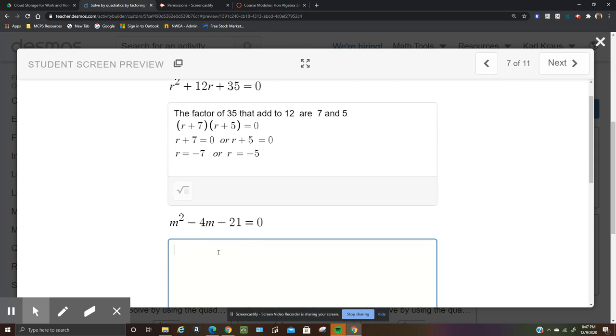The second one, you want to find the factors of -21 that add to -4. They are -7 and +3.